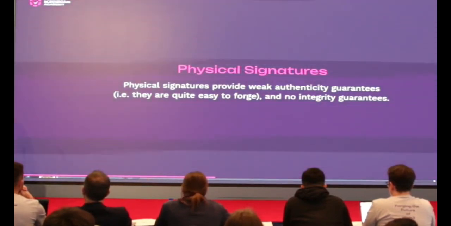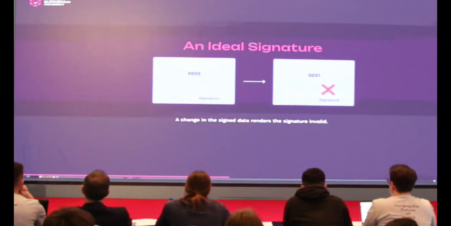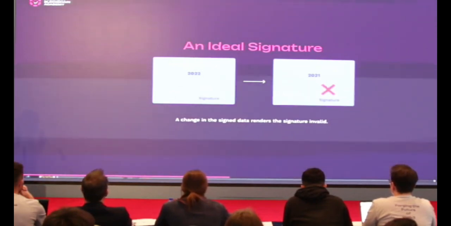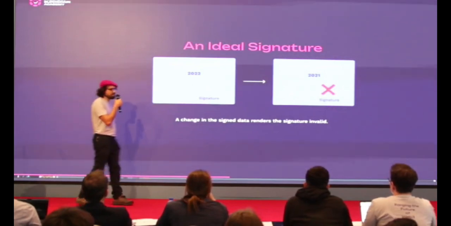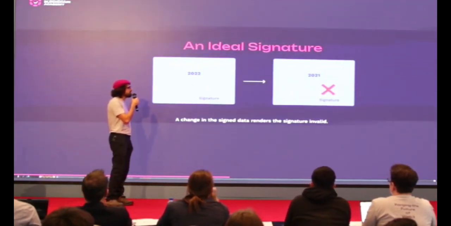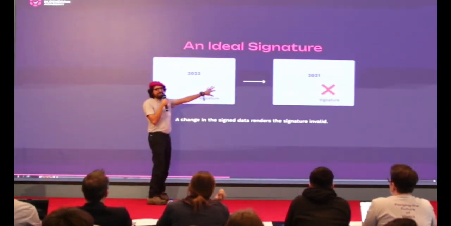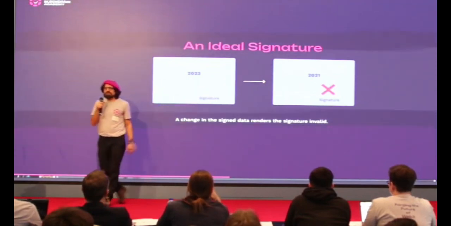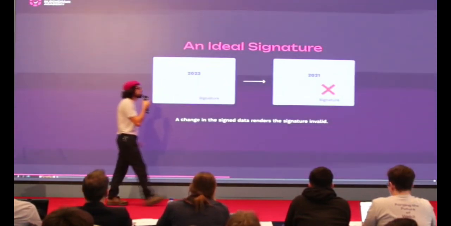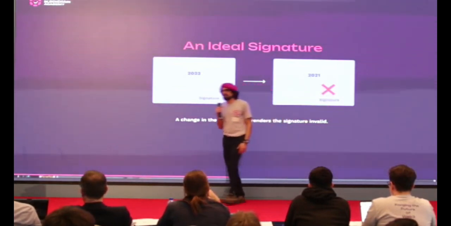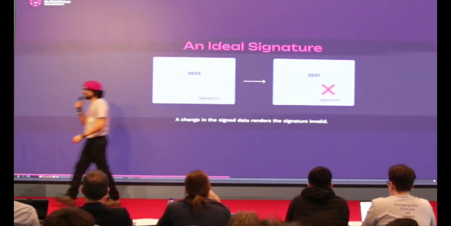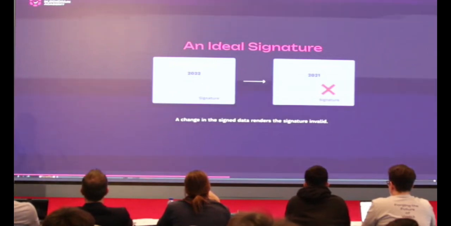For example, with a physical signature, if you tamper with your certificate and change the year, the signature is still as valid as it was before. But we don't want that. We want that if something is tampered with, the signature becomes invalid. And that's what digital signatures will give us.